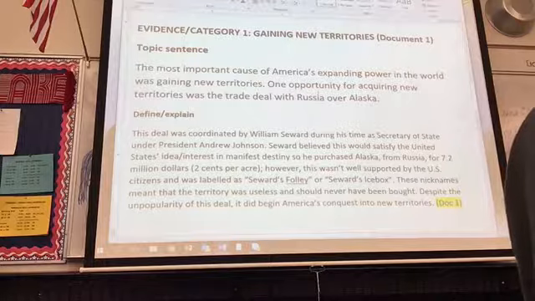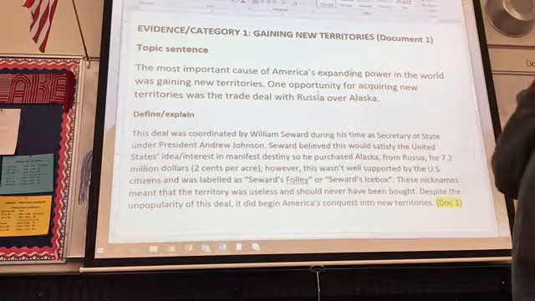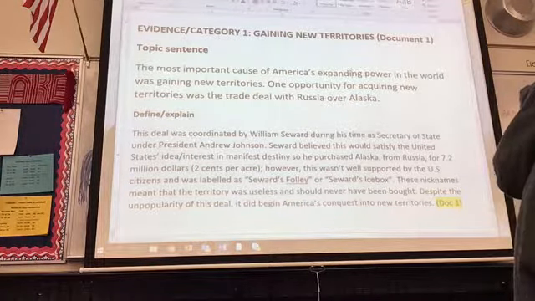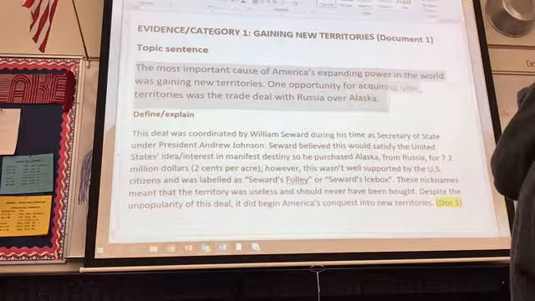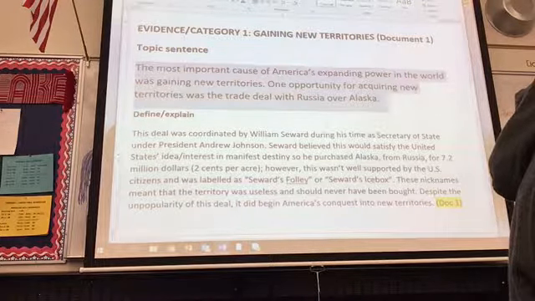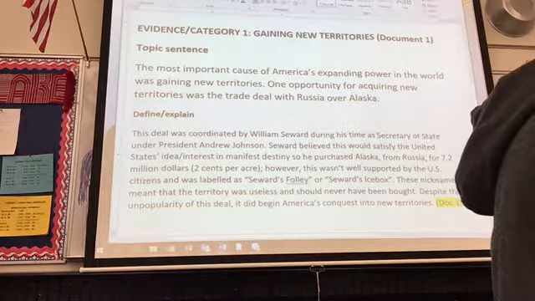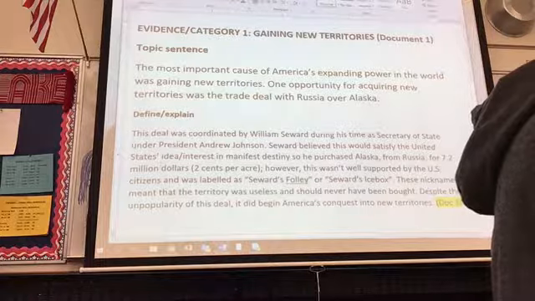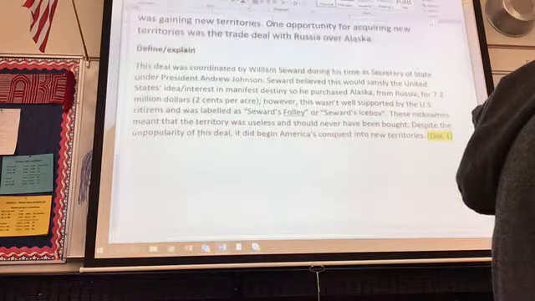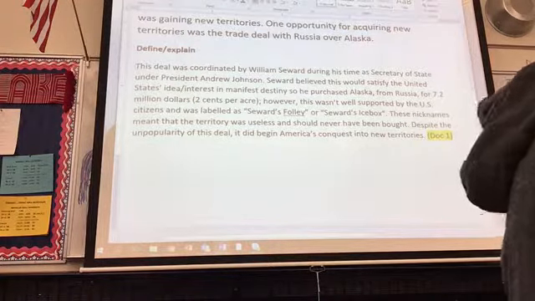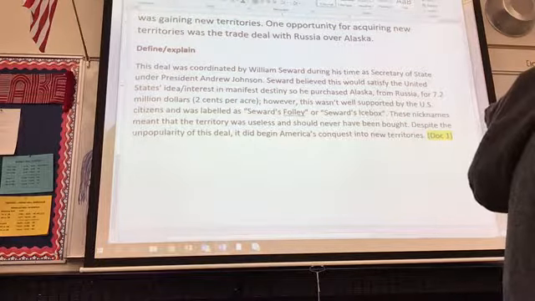You are pretending you are writing one paragraph of an LEQ essay. So remember, you need a topic sentence. So I put the most important cause of America's expanding power was gaining new territories. One opportunity for acquiring new territories was the trade deal with Russia over Alaska. Okay? Then, just like an LEQ, I define and then I explain.